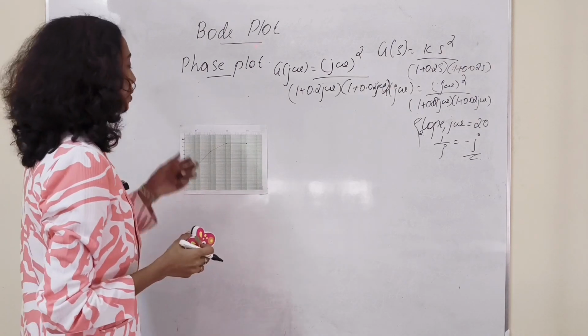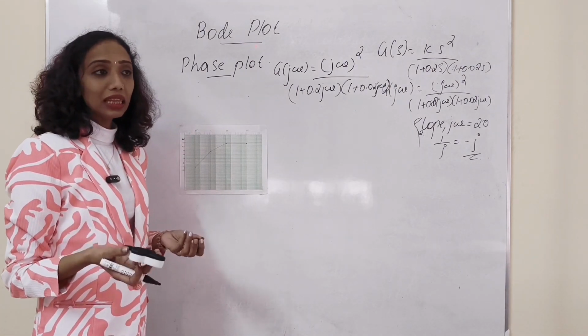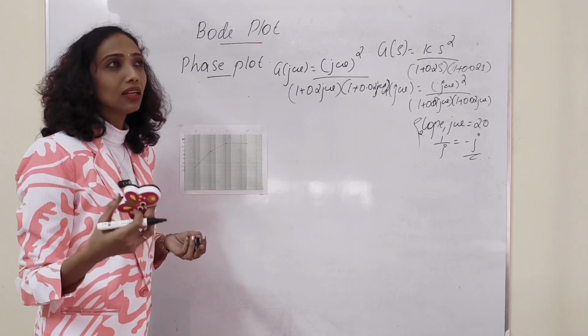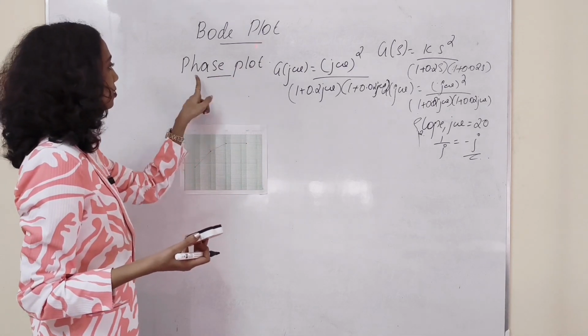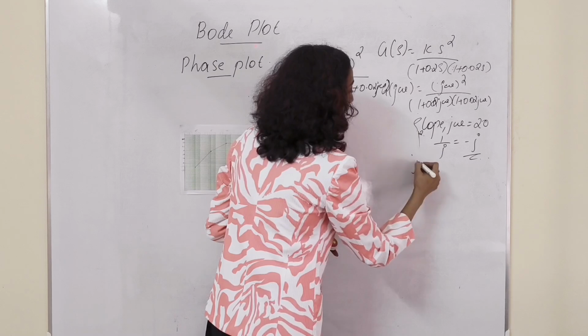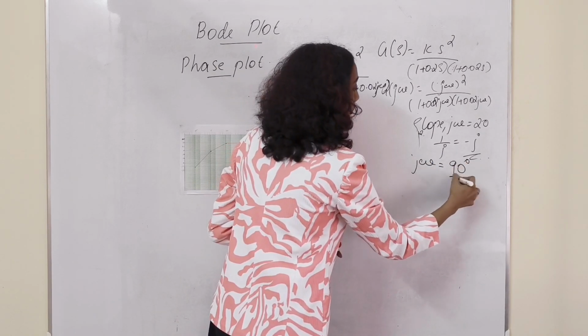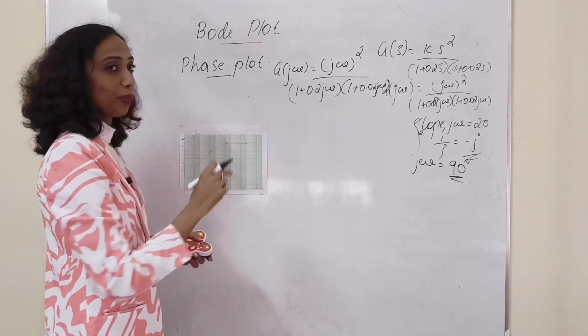Okay. So in this, for finding the magnitude plot, we take the value of j omega as 20 for finding the gain, and it should be our magnitude value 20. For finding the phase plot, we use the angle, or we use j omega as 90 degrees. That is the general value of j omega.